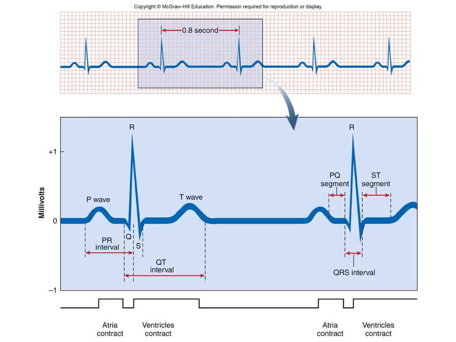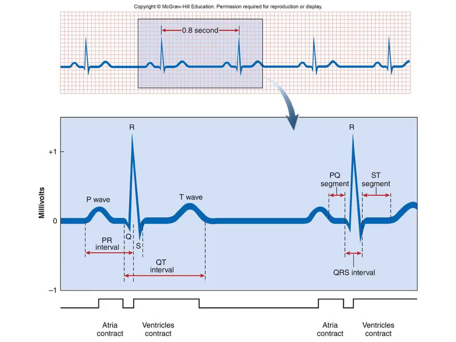It's traveling through the internodal pathway, stimulating the cardiac muscle cells in the right atrium. It's traveling through that interatrial bundle and through its fibers that are extending out through the left atrium. And all of that muscle is getting stimulated. Now, as you learned in A&P1, electrical stimulation triggers contraction.